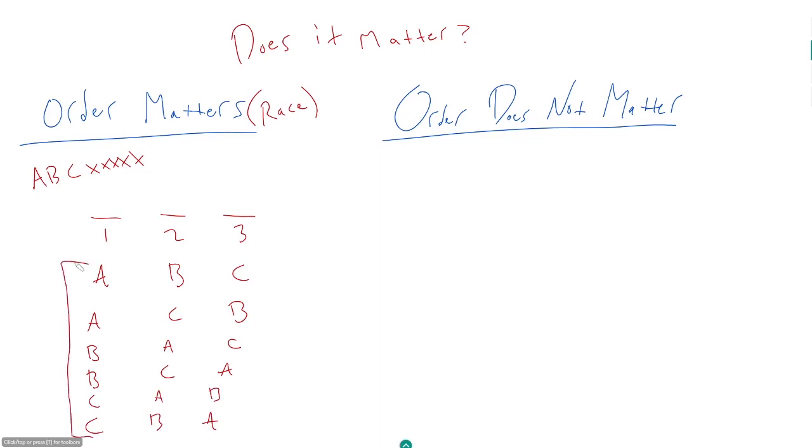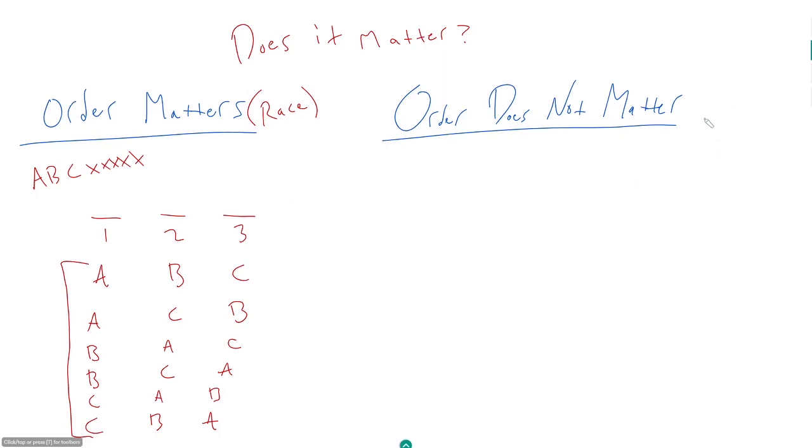In a race, when order matters, everything counts. And so that means when order matters, that is really the simplest scenario, because you do not have to worry about getting rid of any duplicates. You don't have to take out any of your repeats. It is a one-step process. Everything goes in the pot.